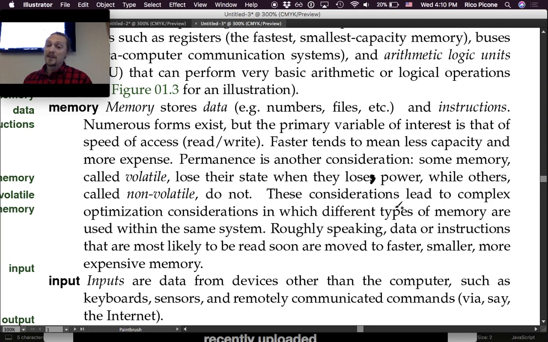These considerations, and there are a lot of them, lead to complex optimization considerations, in which different types of memory are used within the same system. Roughly speaking, data or instructions that are most likely to be read soon are moved to faster, smaller, more expensive memory. So it gets closer and closer to the processor, and the memory is faster and faster to get to.